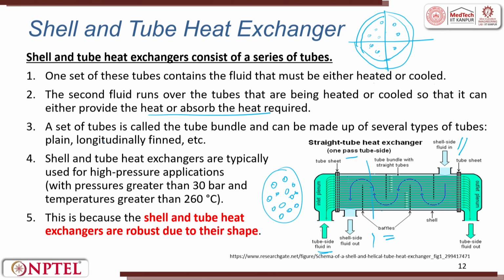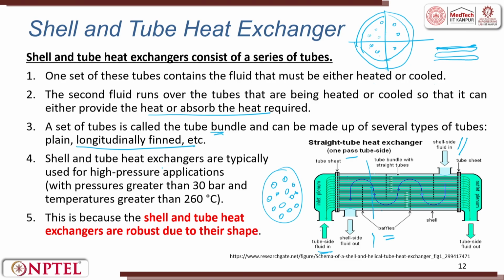The set of tubes is called a tube bundle. There are many tubes, and the bundle can be made up of several types of tubes: plain, longitudinal, finned, etc. It can be plain, straight, or a serpentine pattern also. So, we can have many things.